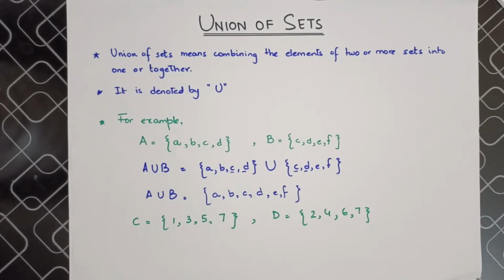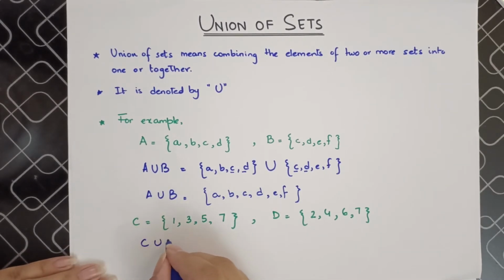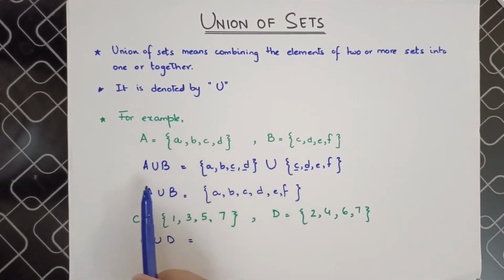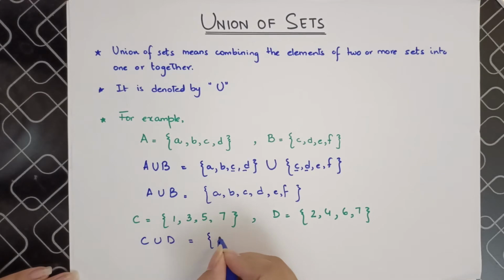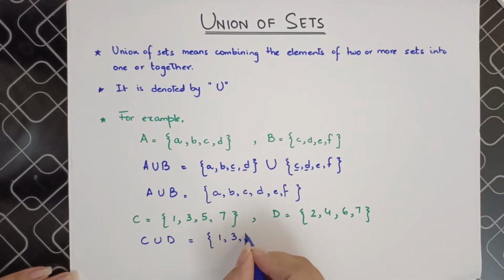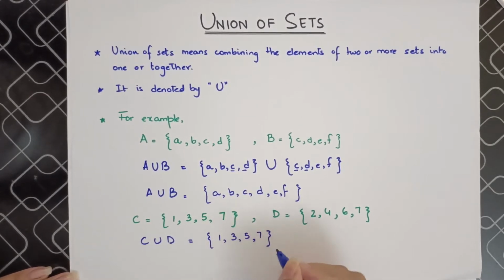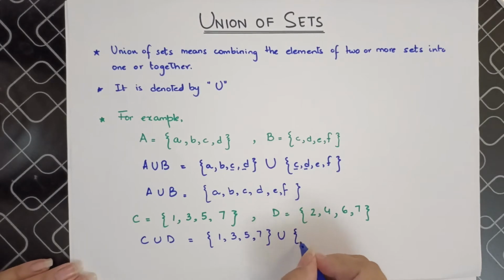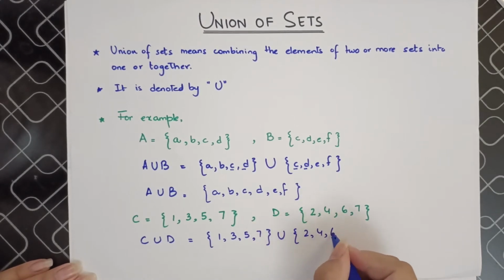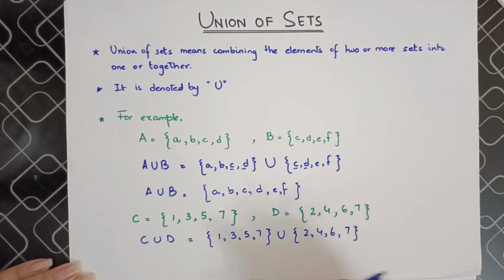When they ask us for C union D, you're going to read it as A union B, C union D. So we're going to write both the sets together: 1, 3, 5, 7 union 2, 4, 6, 7.